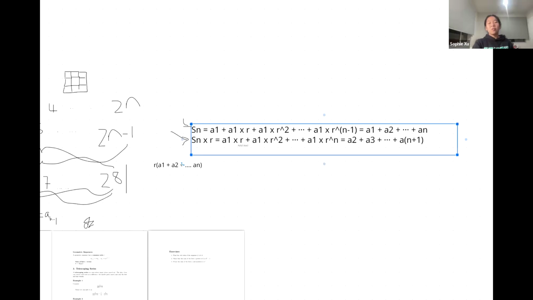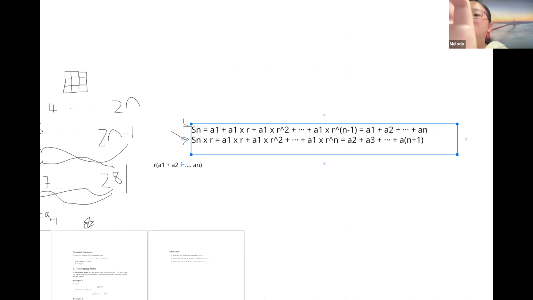We do the second one minus the first one. Right, like r equals a1 minus a times n minus a1 minus r a1 equals.